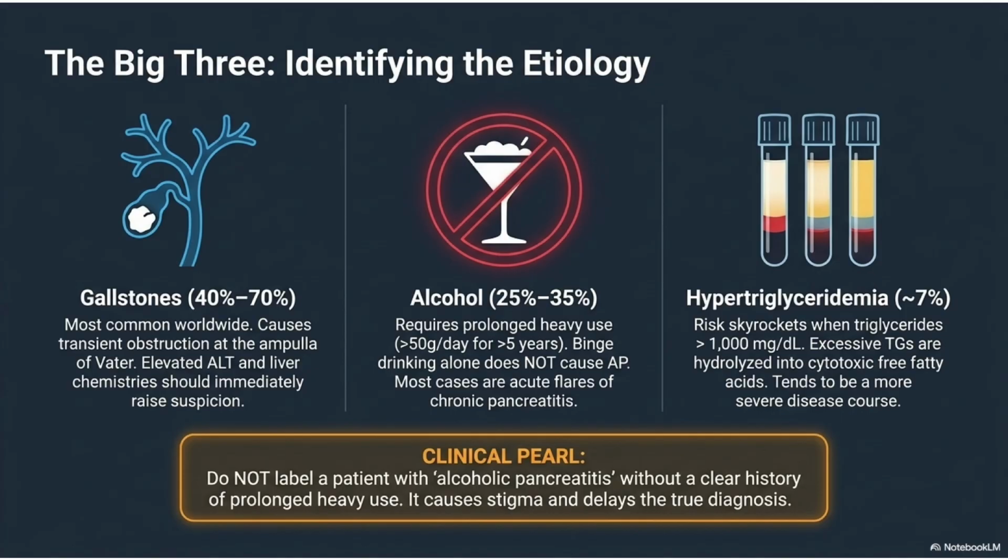At that point, when you draw the blood, even that blood is going to look kind of milky. Excessive triglycerides are hydrolyzed into cytotoxic free fatty acids, and that is the reason they cause acute pancreatitis. So the management of these three is going to be very different. Let's go to the next slide.